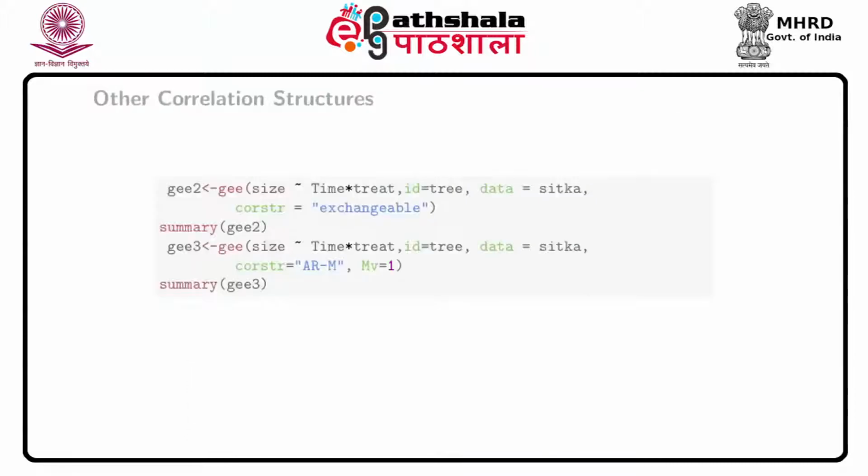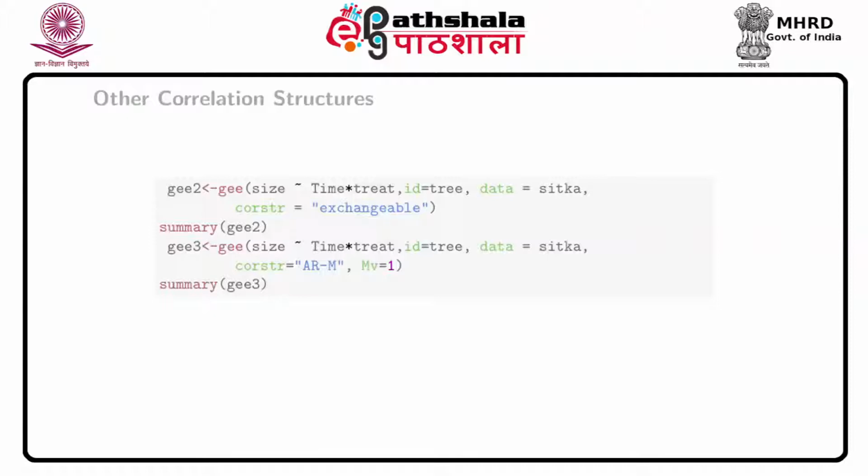Previously we had not specified the correlation structure or the working correlation matrix, and it had by default been taken to be independent, or I. Now suppose we want to use the correlation structure to be exchangeable, or suppose we want to use the correlation structure to be AR1.